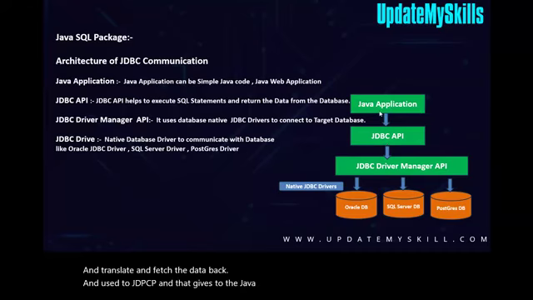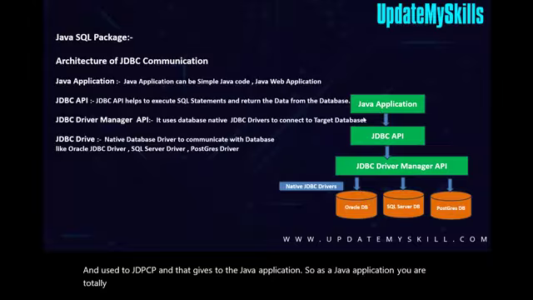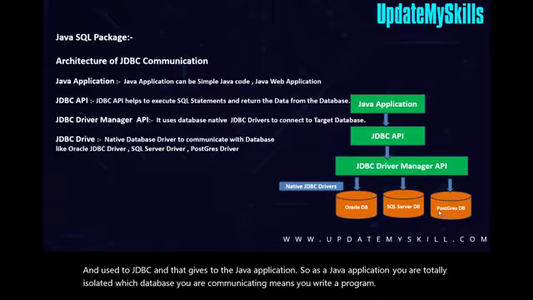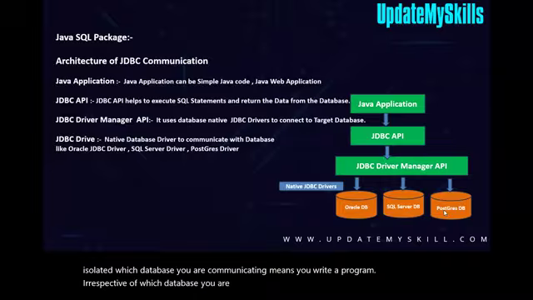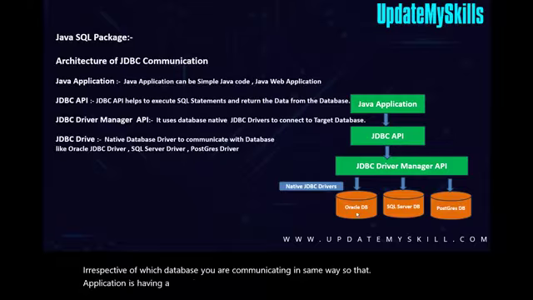So as a Java application, you are totally isolated from which database you are communicating with. You write a program in the same way irrespective of the database, so the application has complete isolation from these native JDBC drivers.